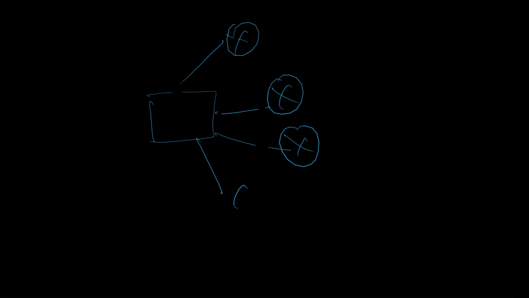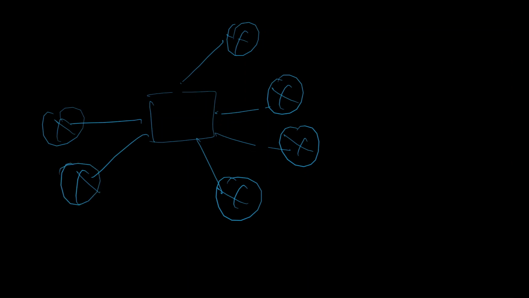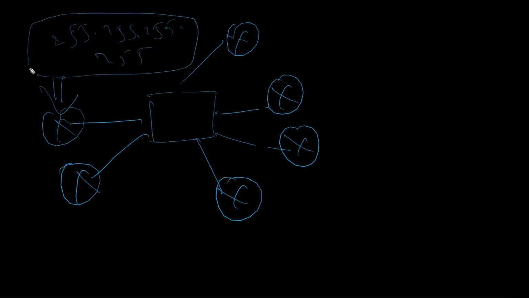If you consider this as a router and these as various hosts in the network, and let us assume this host wants to send a data packet to all the other hosts present in the same network. In that case, it will just set the destination IP address as 255.255.255.255.